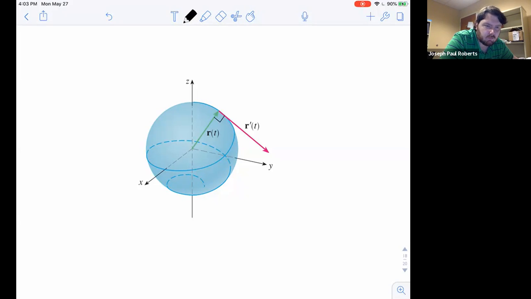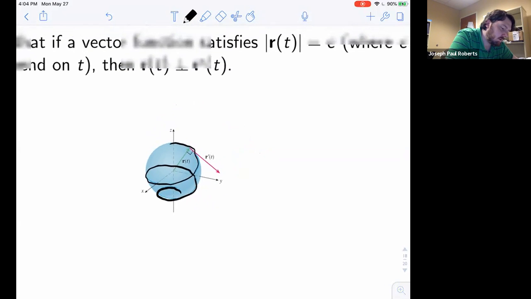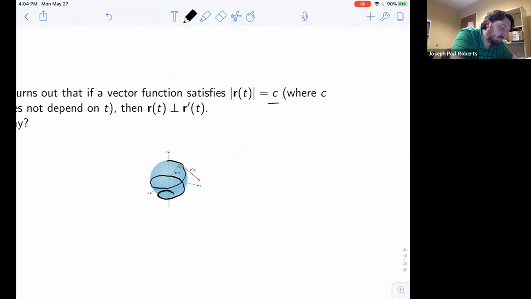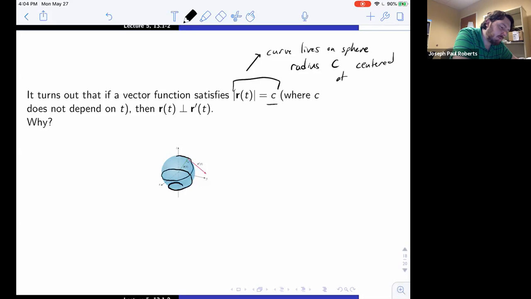And I think this picture should make sense: if your curve has constant length, then it lives on a sphere, right? If the length of r of t is c, where c doesn't depend on t, then your curve lives on the sphere of radius c, centered at the origin.